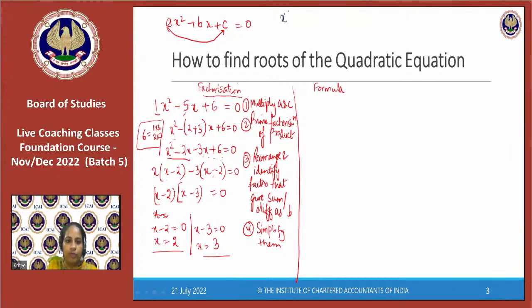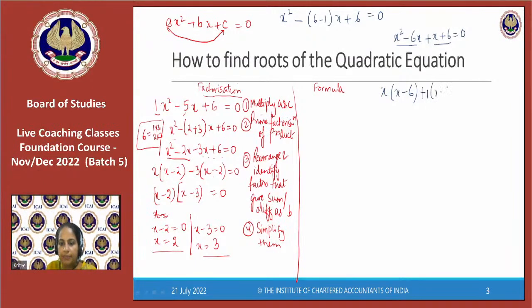I could have also written x square minus 5x as x square minus (6 minus 1) x plus 6. Now what is happening here is when you open the bracket, this becomes x square minus 6x plus x plus 6 equals 0. If I take out common, they will not come out as common: x minus 6, plus 1 into x plus 6.